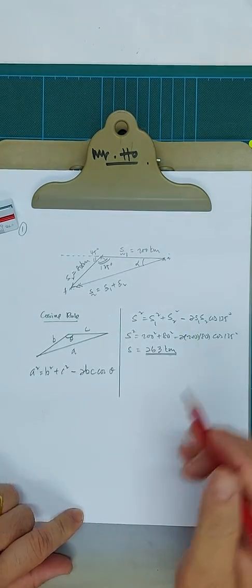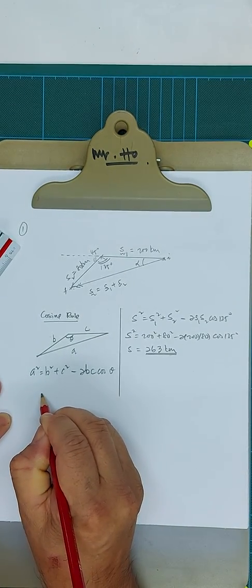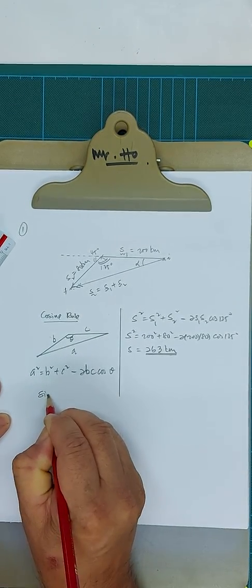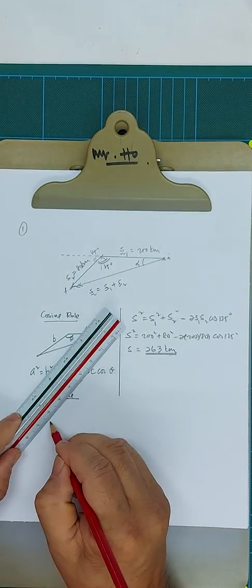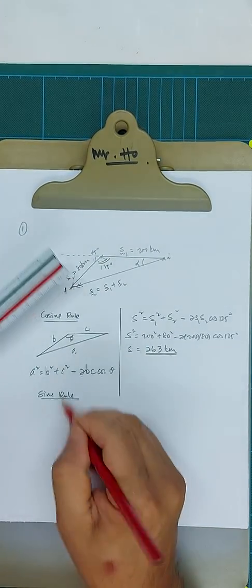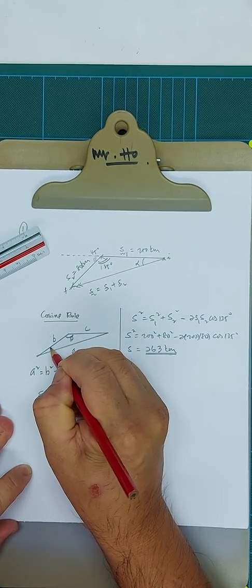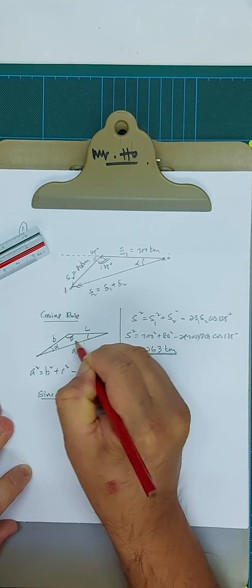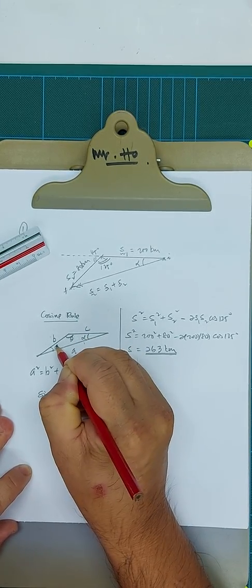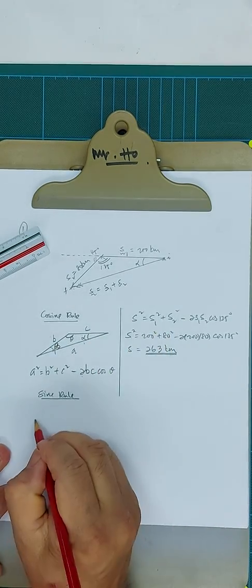Another one now is we are using the sine rule. The sine rule is the ratio of the sides. Using the same triangle, let's call this angle alpha and this one beta.